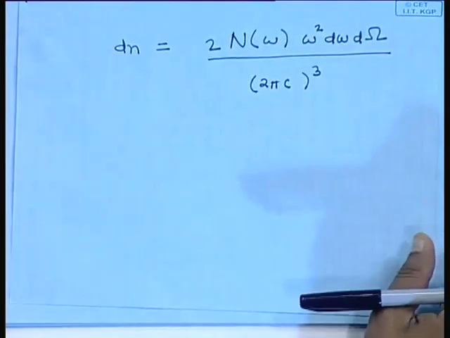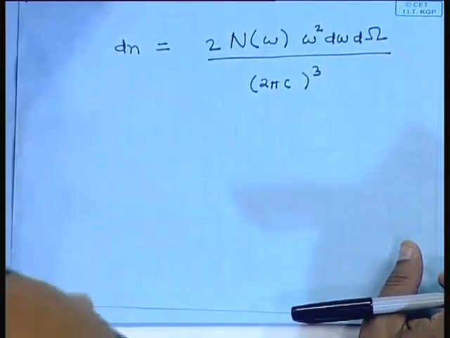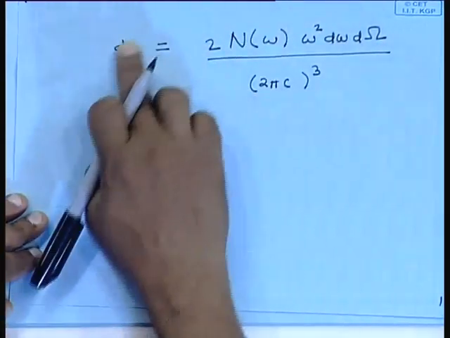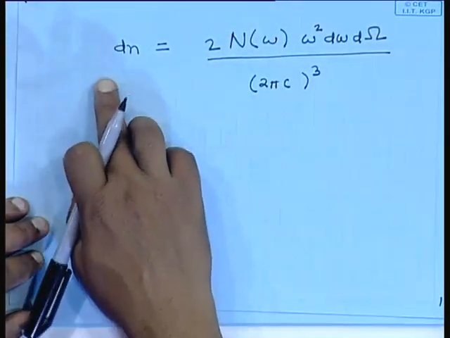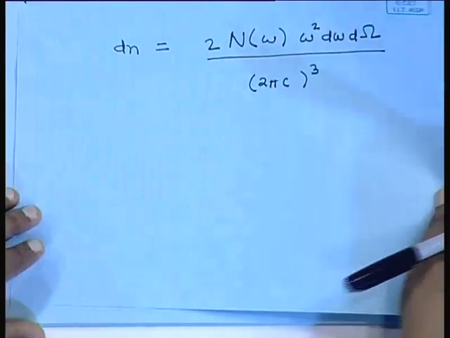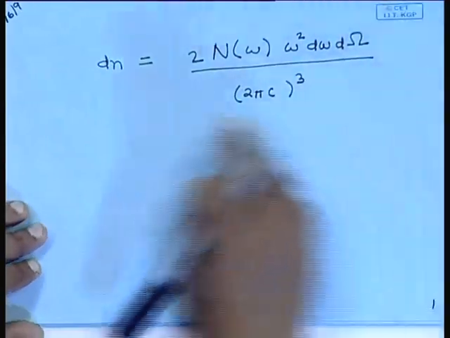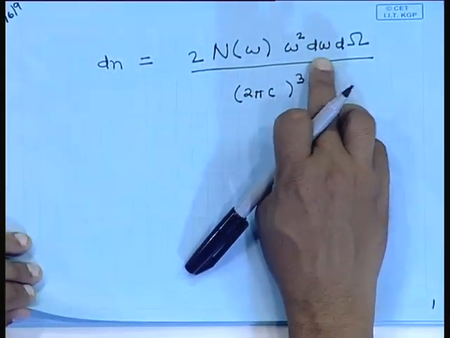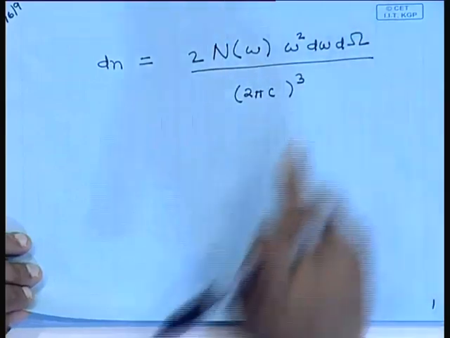So, the number density of particles, this we had written in the last class, in general is given by this. This is the number density of particles with angular frequency omega in the solid angle d omega.